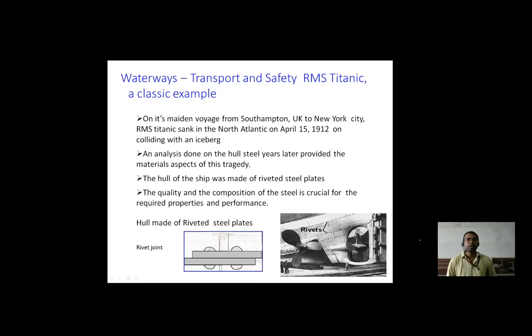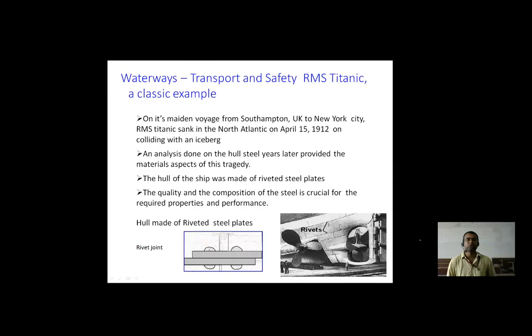And one of the biggest examples for taking care of safety during transportation in waterways was the Titanic.